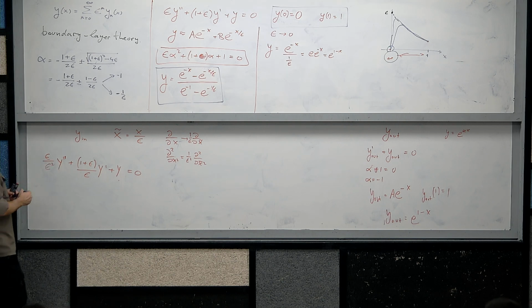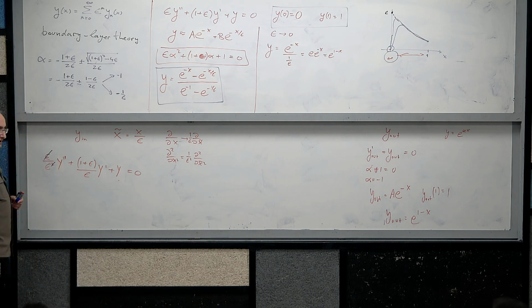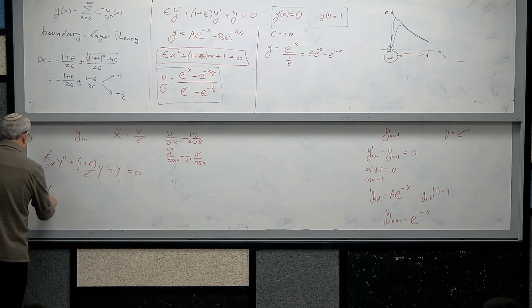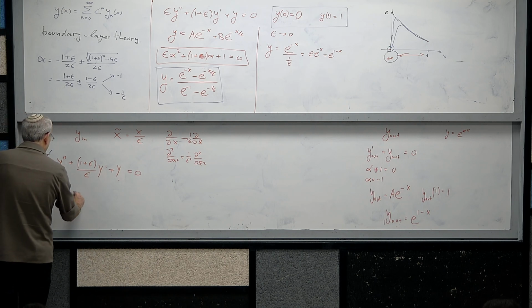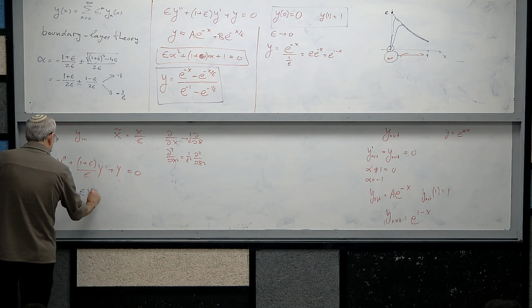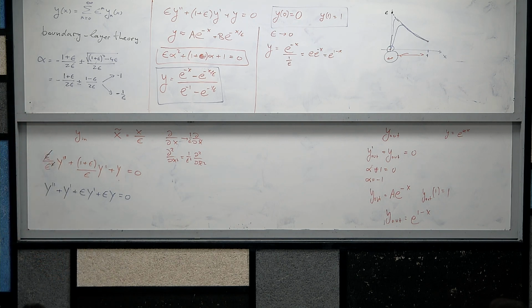Now you see that this cancels with that. And we can multiply everything by epsilon to obtain y double prime plus y prime plus epsilon y prime plus epsilon y equals 0. I just took this equation and multiplied by epsilon.